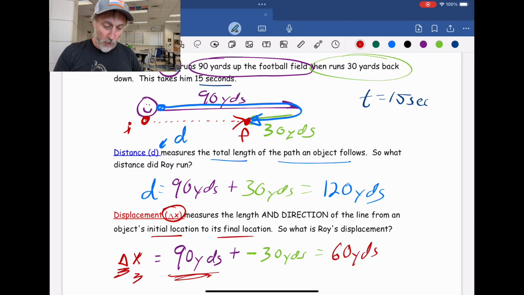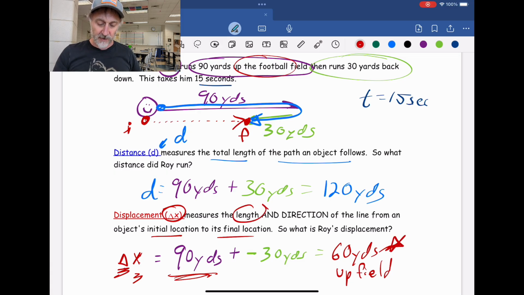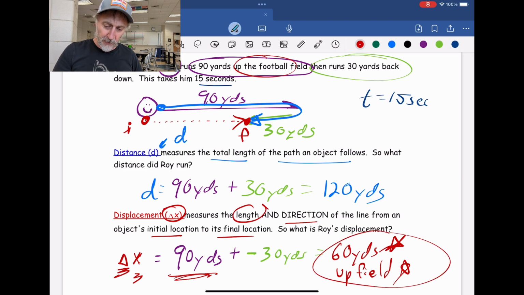The positive was up the field, so I'm gonna write 60 yards upfield. I don't know if upfield is a word, but it's just implying this way, not that way. So here we've got the length, 60 yards, and the direction, up the field, as opposed to down the field. So there is our displacement.